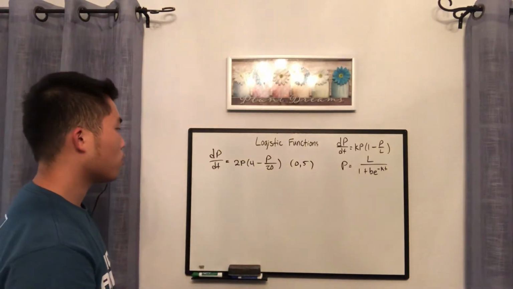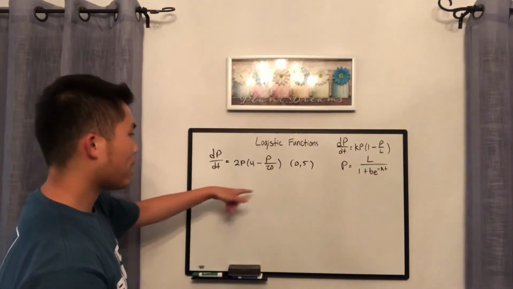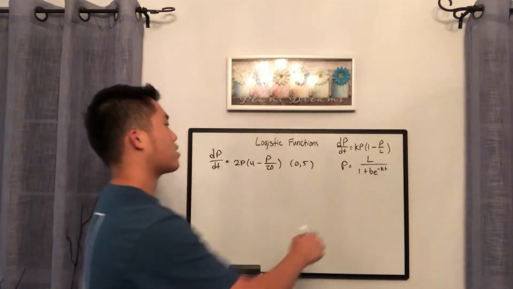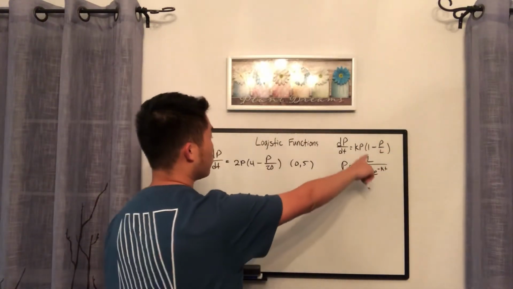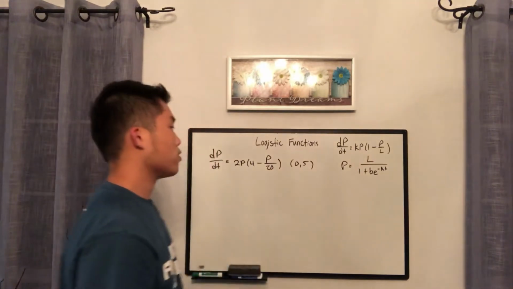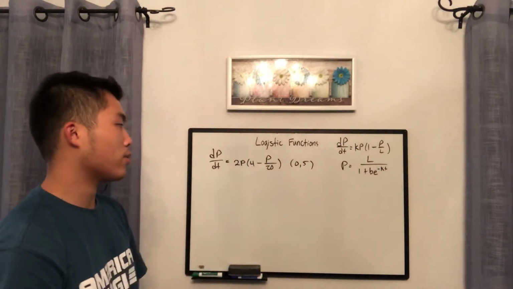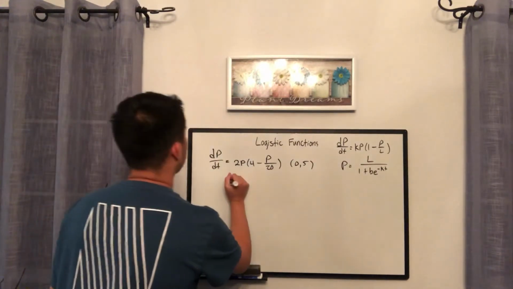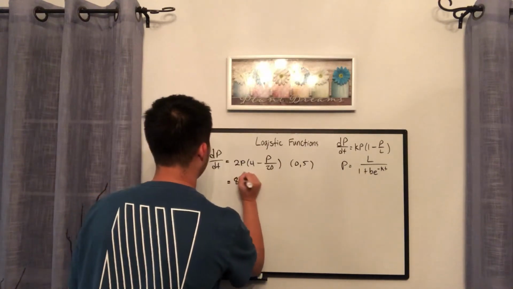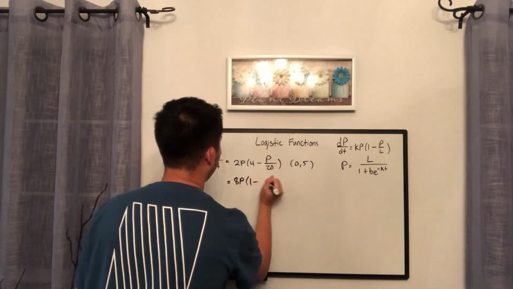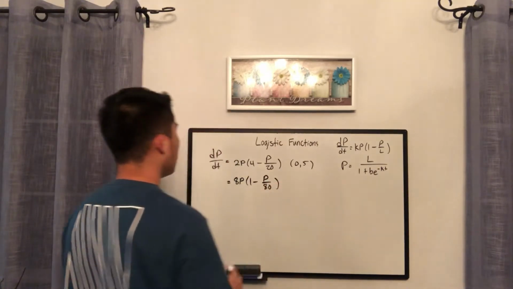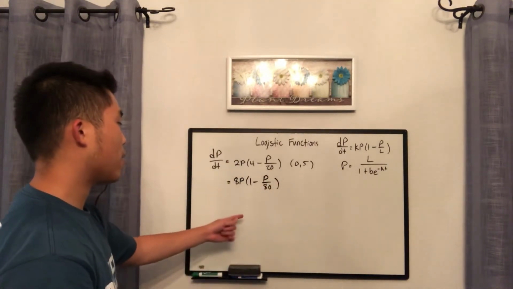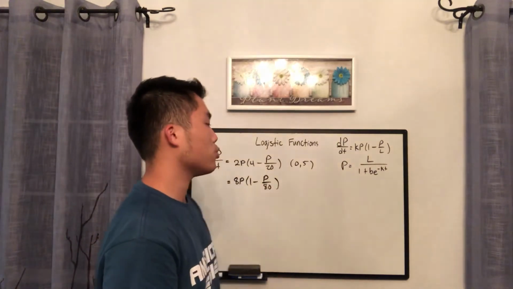First you might just plug in your k's and your L's. But going back to the standard form of a differential equation, there should be a 1 here, but there's not a 1 here. So what do we do? We factor out a 4. Factoring out the 4, we get 8P times 1 minus P over 80. Now we can start filling in our general solution.